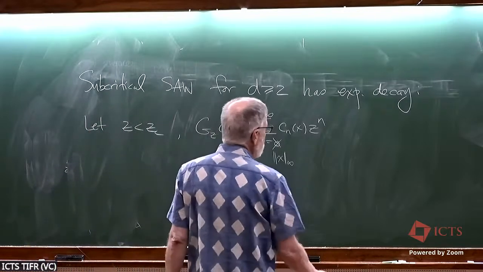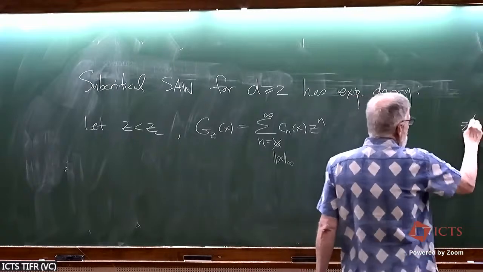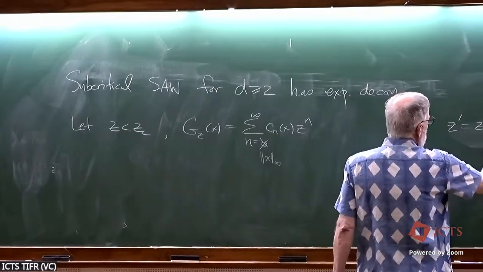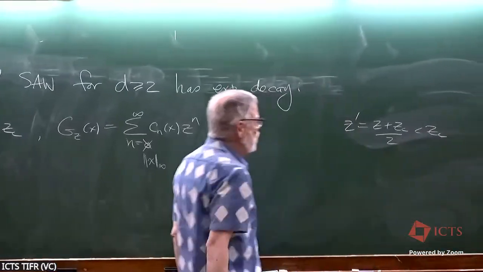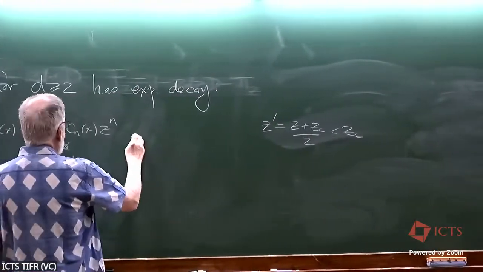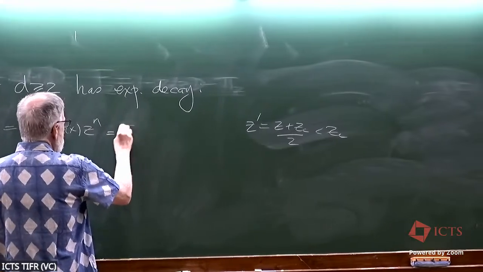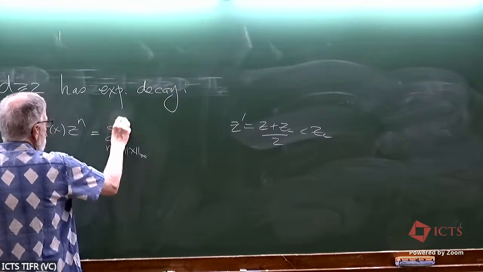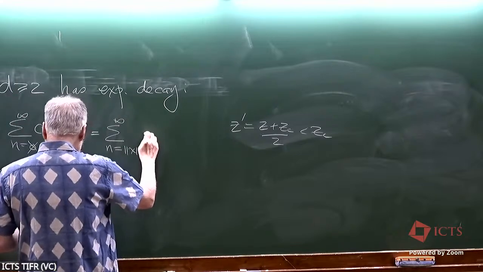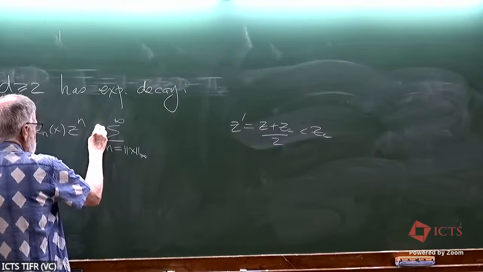And now if I take some z prime, which is halfway between z and z_c, I can write this as the sum n equals the infinity norm of x to infinity. Actually, I'll just bound it now.